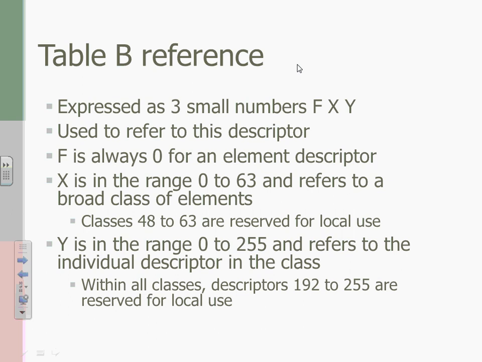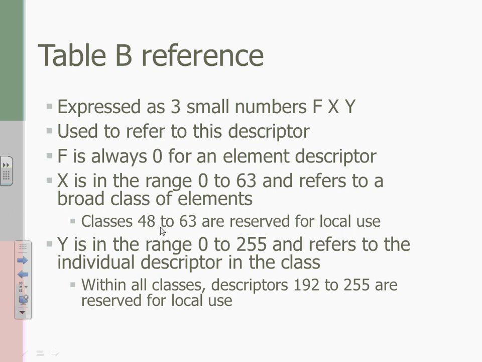This is a bit repetitive, but the table B reference is expressed as three small numbers F, X, Y, used to refer to this descriptor. F is always 0 for an element descriptor. X is in the range 0 to 63 and refers to a broad class of elements.